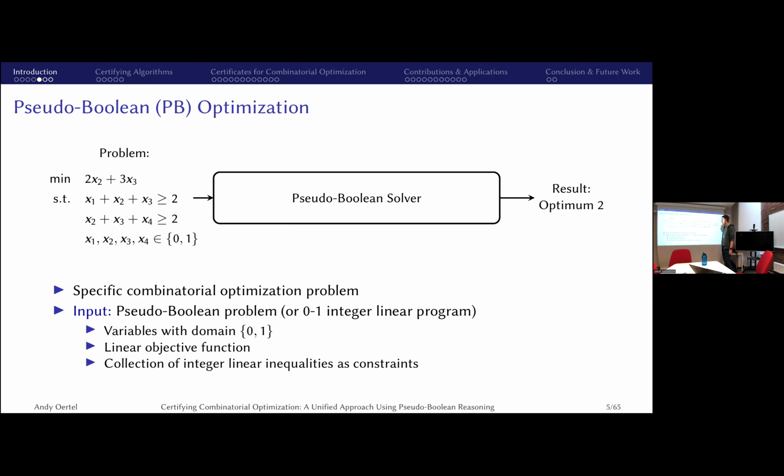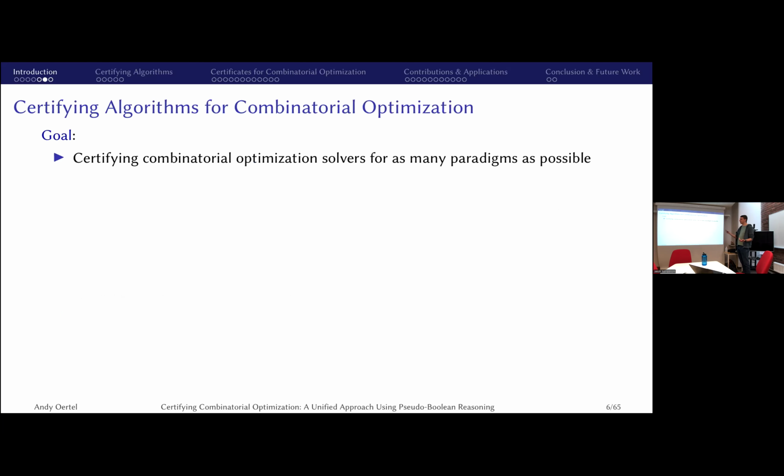So how does it help us now? The goal is that we want to have certifying combinatorial optimization solvers for as many paradigms as possible. The issue is that we have all these different problems, solvers and paradigms, and how can we unify them? The idea is that we can basically encode a lot of combinatorial optimization problems into each other.